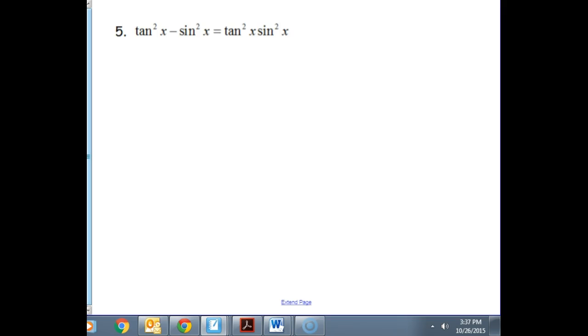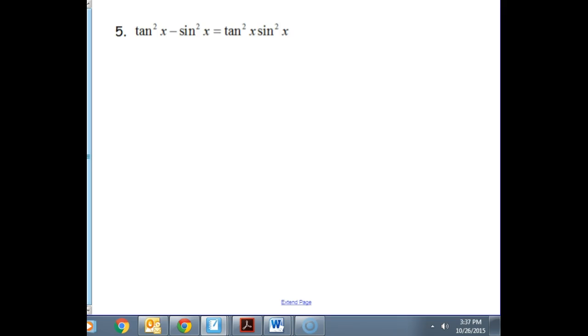Tangent squared x minus sine squared x equals tangent squared x sine squared x. Well, if you look at this, do we have a fraction to pick from? No, they're both straight up, so does it matter which side I pick? Not really. I'm just going to choose the left side because it comes first.